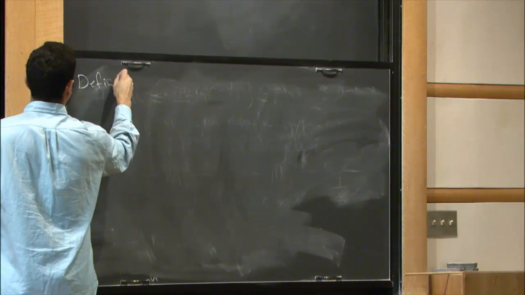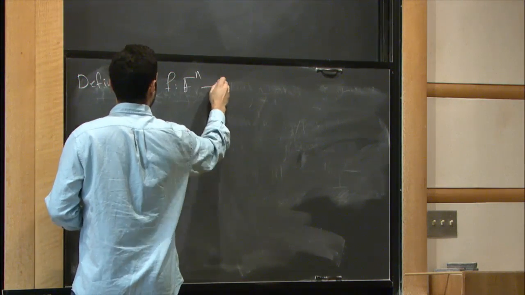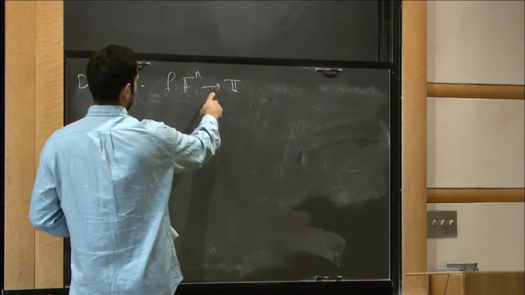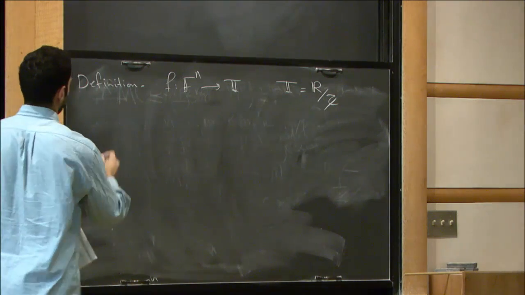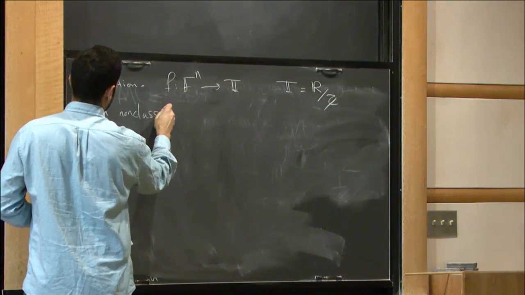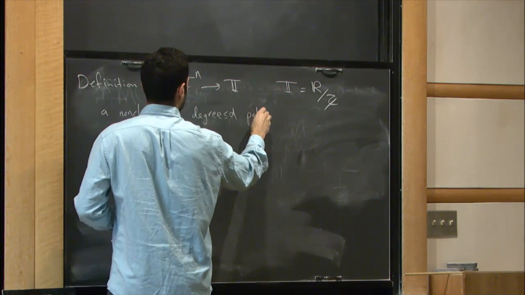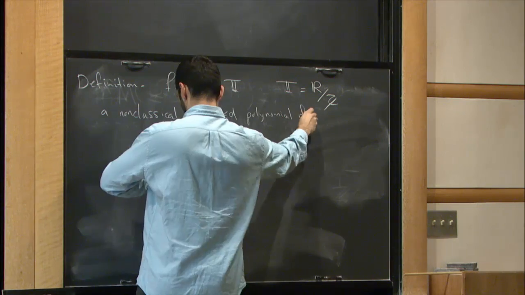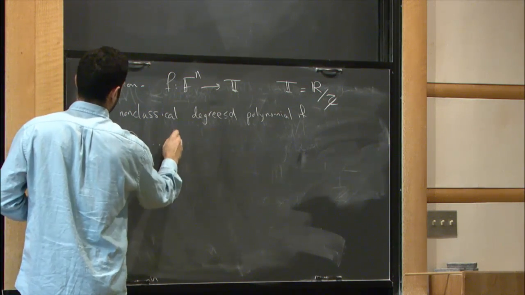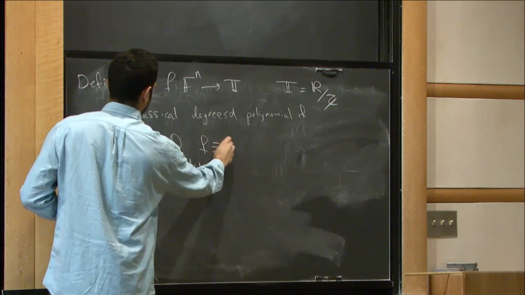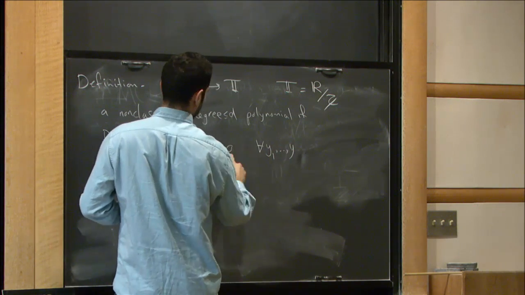Definition. We call a function f that maps F^n to the torus, where the torus is R/Z, a non-classical degree d polynomial if d_y1 ... d_y(d+1) of f of x is identically 0 for all y.